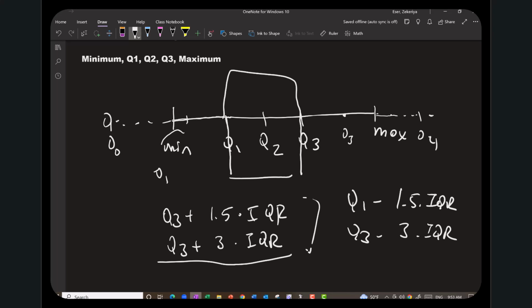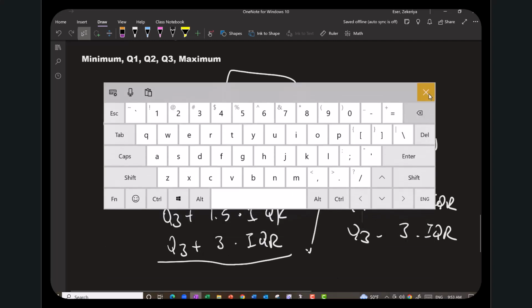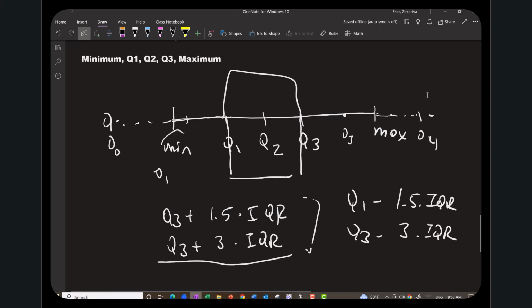If a data point lies beyond, let's talk about the right-hand side first, beyond Q3 plus 3 IQRs, we call that an outlier, okay? In fact, for a normal distribution, you would never see anything beyond that. I mean, you could, but it's extremely unlikely.